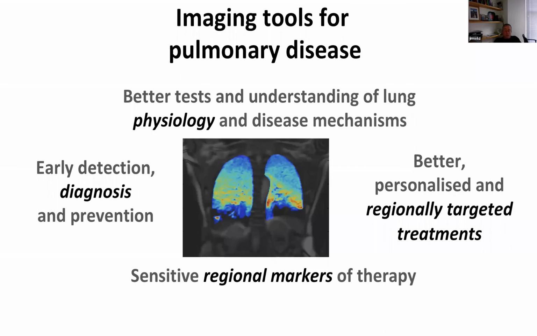So in summary, I hope the talk's summed up where structural and functional imaging might sit in understanding respiratory diseases, and COVID is a very interesting model of that, really. It's a unique opportunity to try to understand what's going on at the gas exchange membrane and what the mechanism is of ongoing breathlessness.